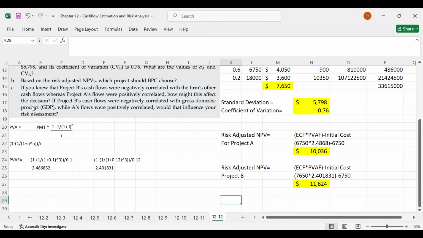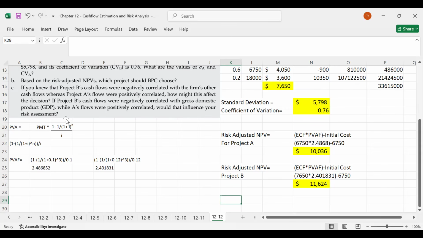For project A, cash flows are positively correlated. This means that it will increase the firm's risk. If project B cash flows were negatively correlated with GDP and project A is positively correlated, would that influence your risk assessment?